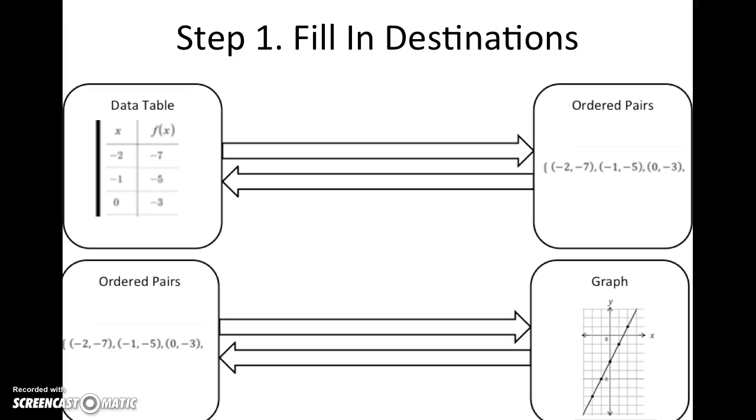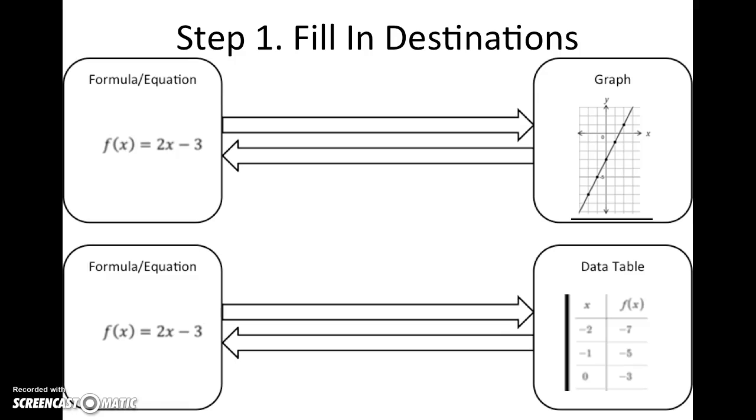You can just take this information straight from the slide. The data table, ordered pairs, graph, and formula shown here are all from the same function. So again, you want to fill in those destinations. And here are the last two sets with the formula and equations, graphs and data table.